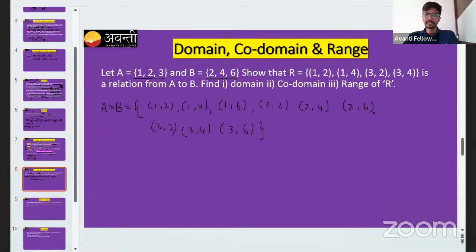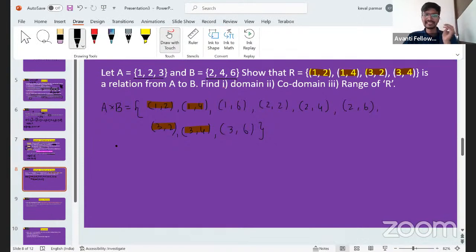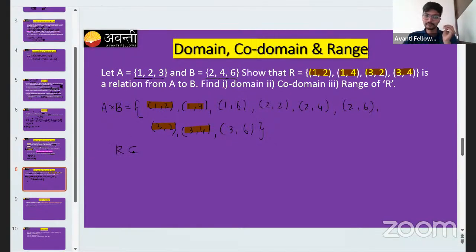This is my Cartesian product A cross B. Now, we clearly see that the relation's pairs 1, 2, 1, 4, 3, 2, and 3, 4 are all in this Cartesian product. So only 4 elements from the Cartesian product are in the relation R. This clearly means R is a subset of A cross B, and if R is a subset of the Cartesian product, then R is a relation from A to B.